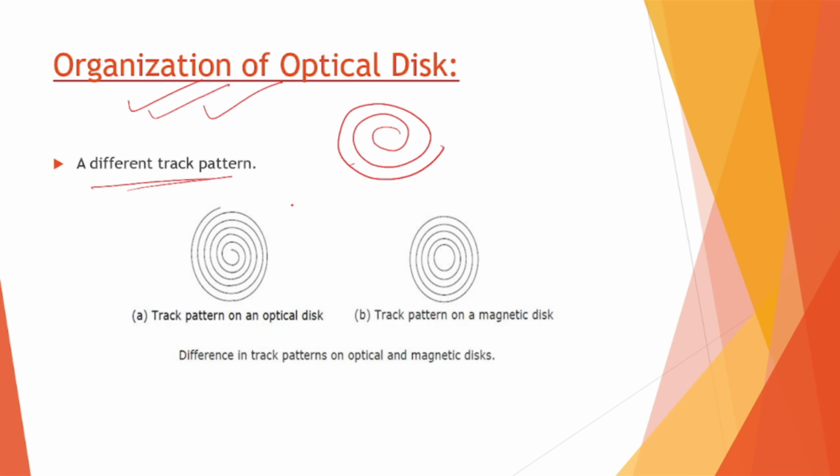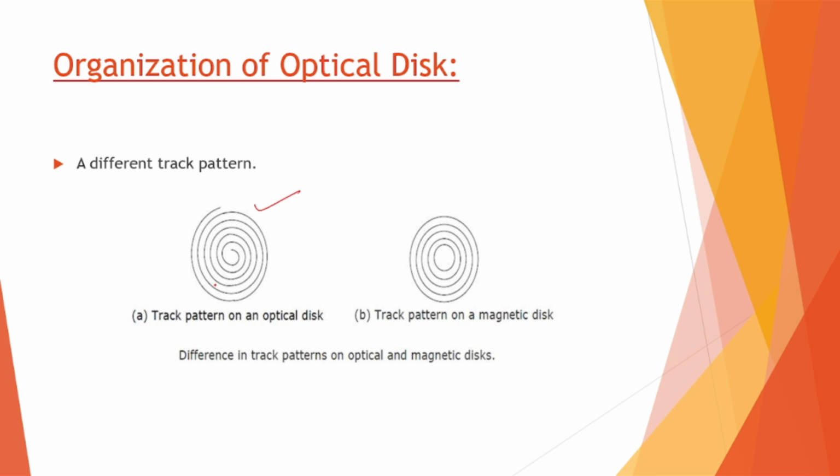Look, this one is the track pattern of an optical disc, and this is the track pattern of a magnetic disc. In a magnetic disc we have separate tracks on the disc, and in the case of the optical disc we have a spiral. That means it's only one track on the optical disc.